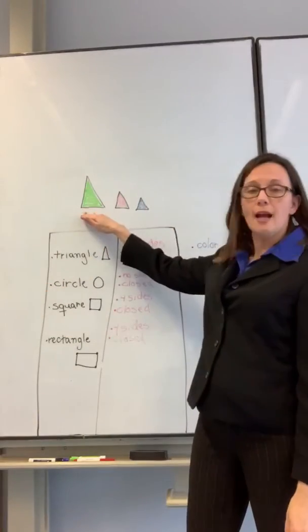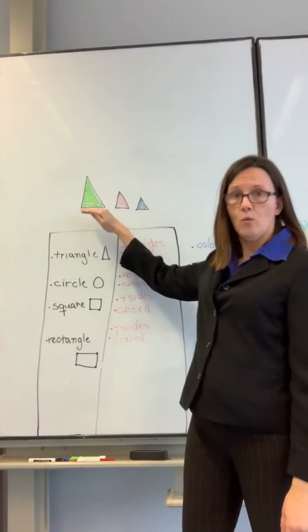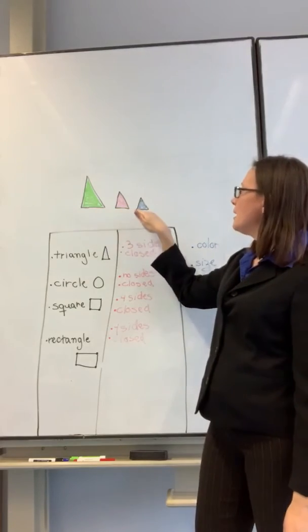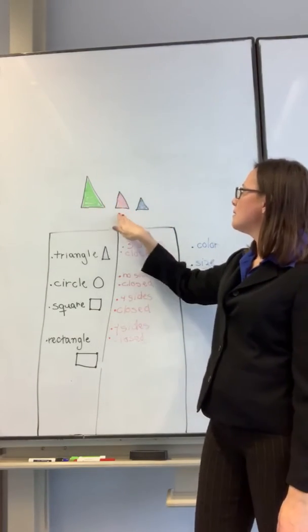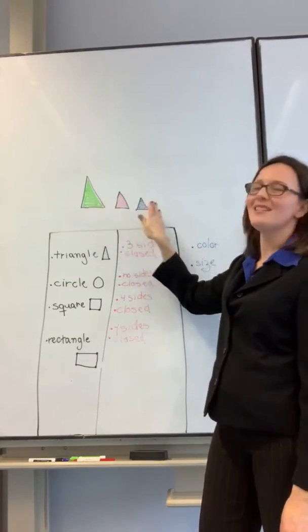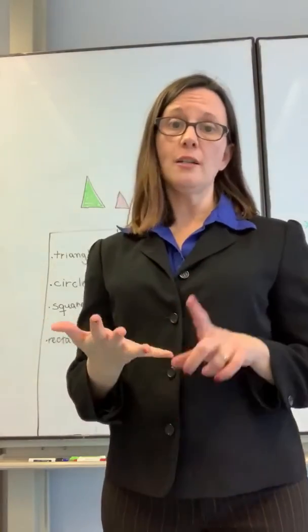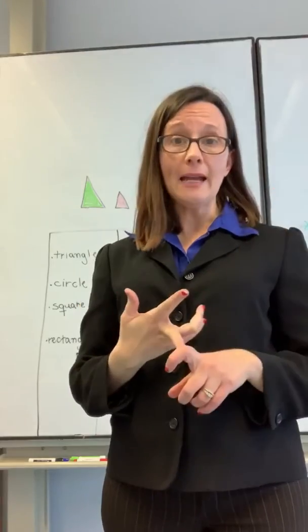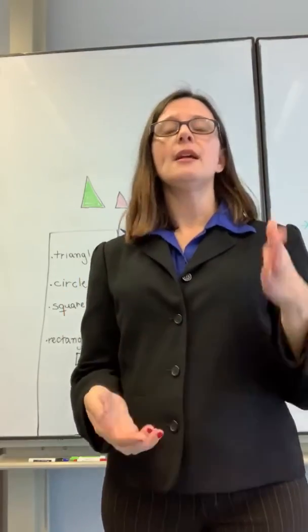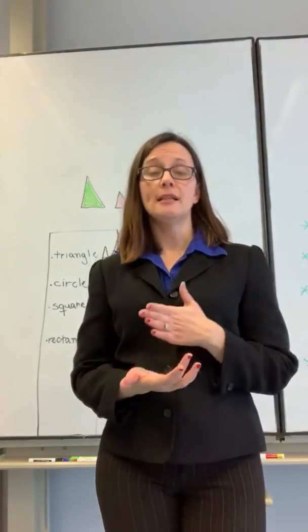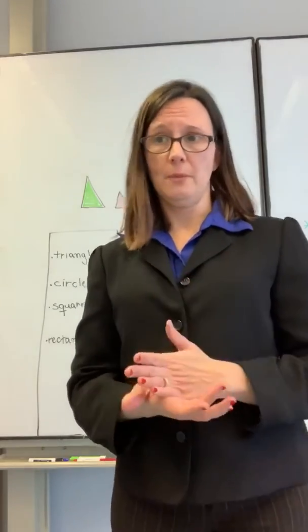So 3 sides enclosed, however, big, medium, and small. Red, green, red, and blue. So those are the non-defining attributes, color and size. However, sides and closed are the defining attributes of a shape.